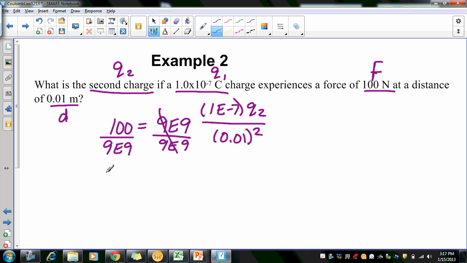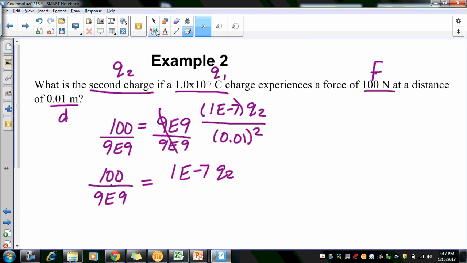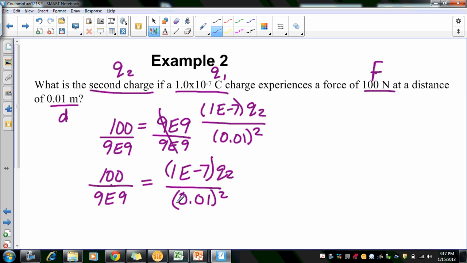And so we get 100 over 9E9 equals 1E negative 7 times Q2, not Q squared, over 0.01 squared. So now let's get rid of the denominator.